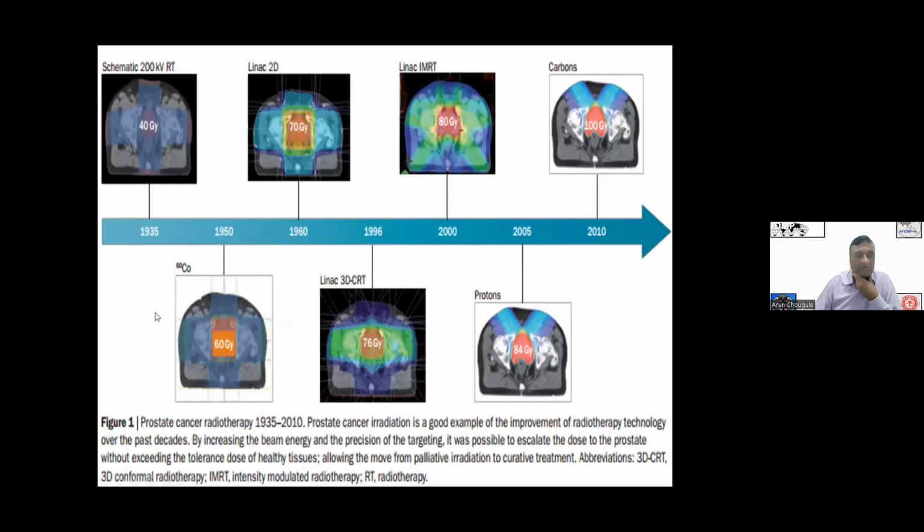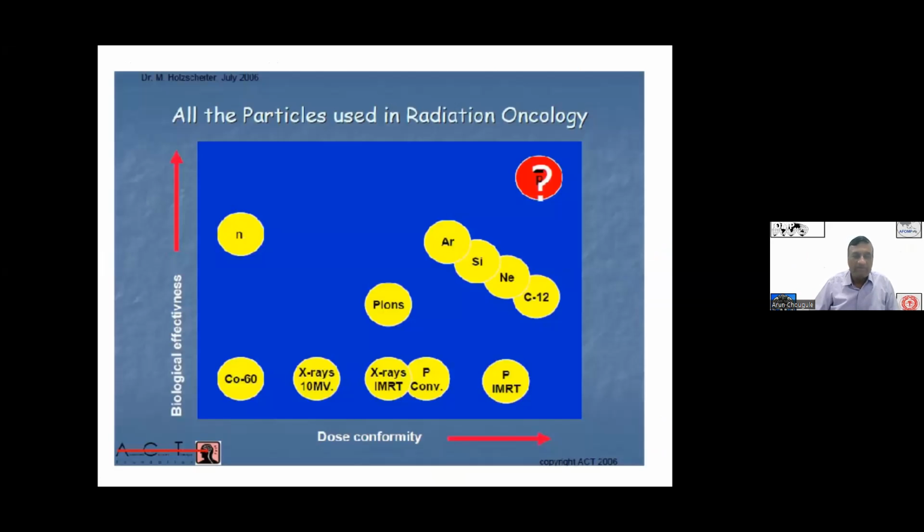During these about 100 years of radiotherapy, we have gone from X-ray to cobalt to LINAC, 3DCRT to IMRT, and now you can see with carbon particles and protons how much conformity index we get, because proton and carbon have a range, a Bragg peak. They deposit with no exit dose, and the integral dose will also be less, so a spread-out Bragg peak can be used and higher doses can be deposited.